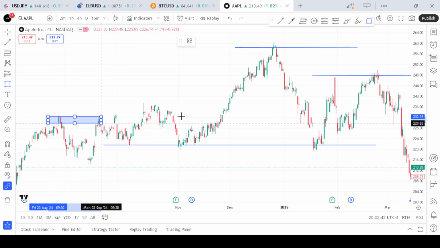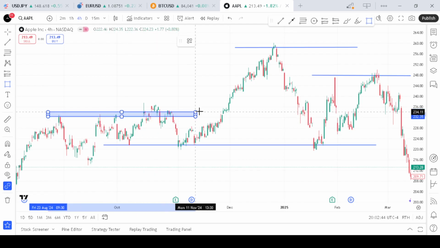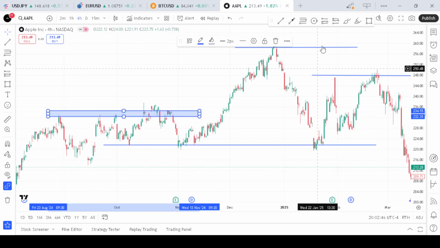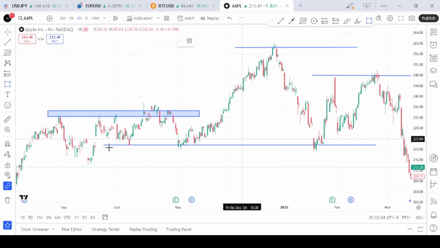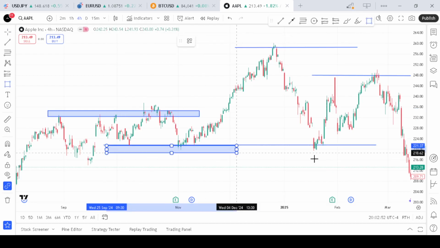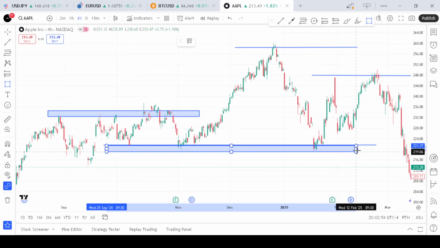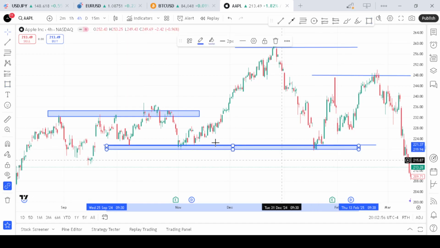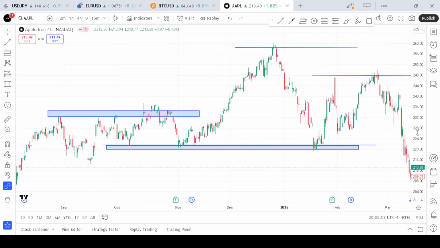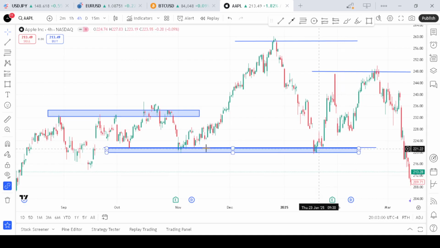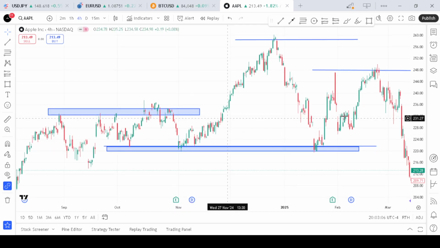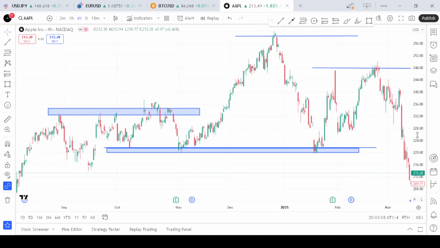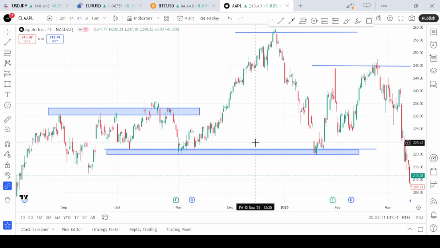Using a zone would capture a good portion of that particular area to make you better understand what you are dealing with in the market. So this is basically how we can use our zones. You can use rectangles instead of using a straight line. They help you visualize these zones more effectively.